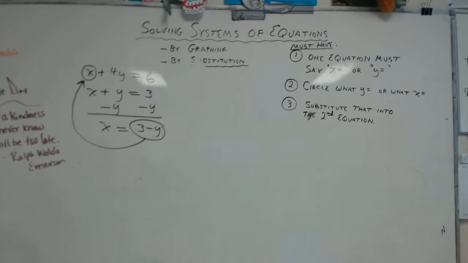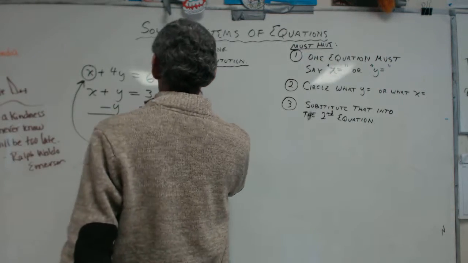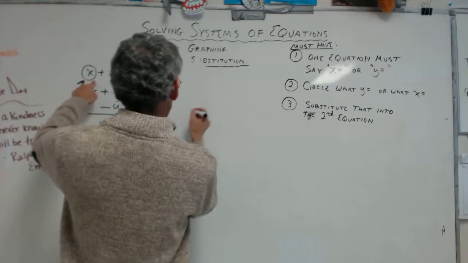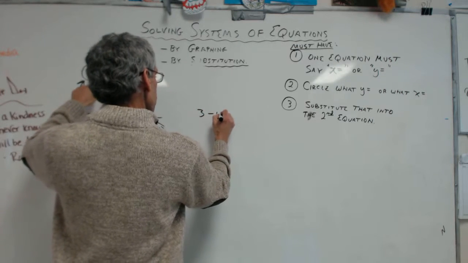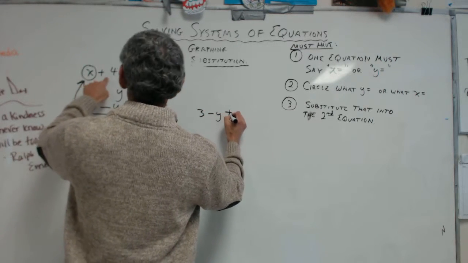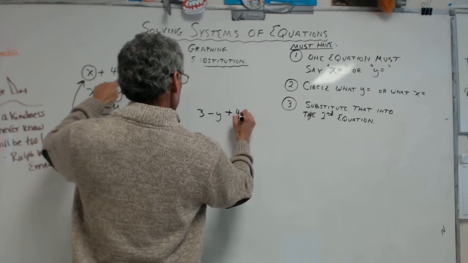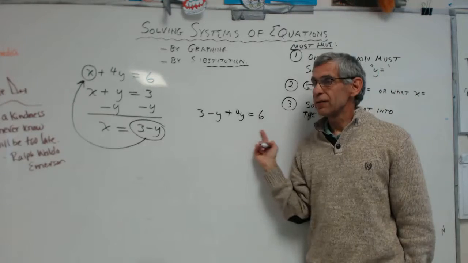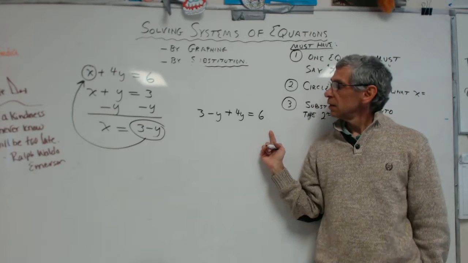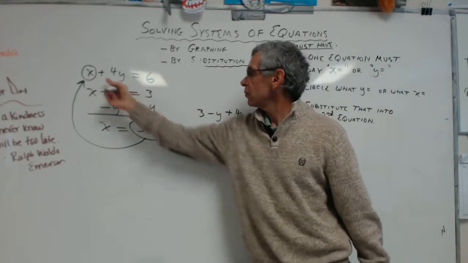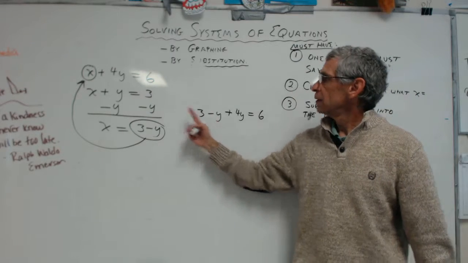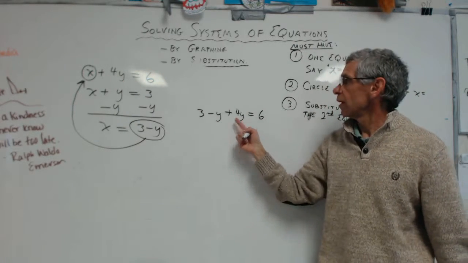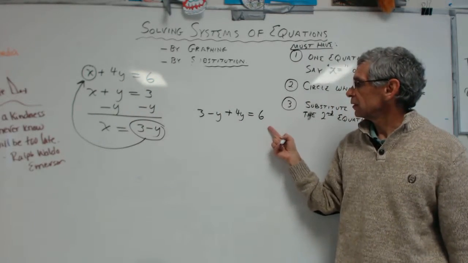So I write 3 minus y plus 4y equals 6. And look, all I have is y's. That's awesome. I just replaced that x with 3 minus y.